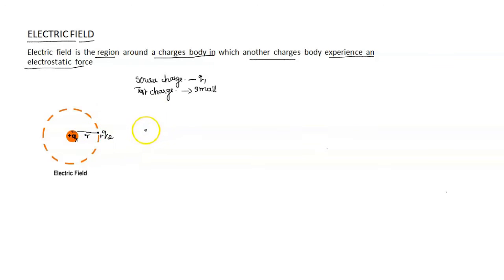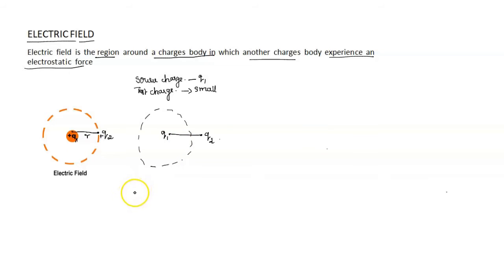Consider a scenario. Q1 is here, which has an electric field region around it. Suppose Q2 is at some distance which is not r, and Q2 is away from the region created by Q1. Then Q1 cannot attract Q2, right?